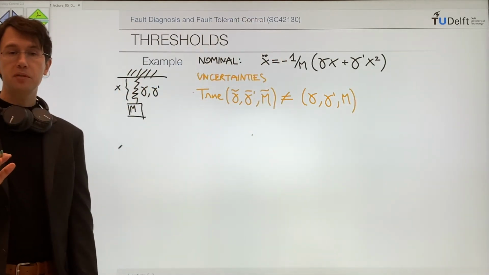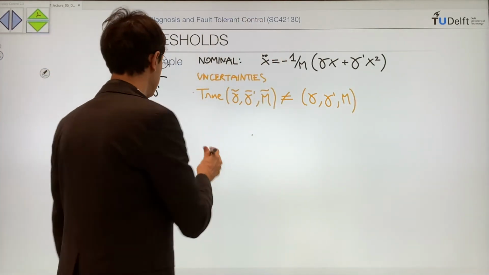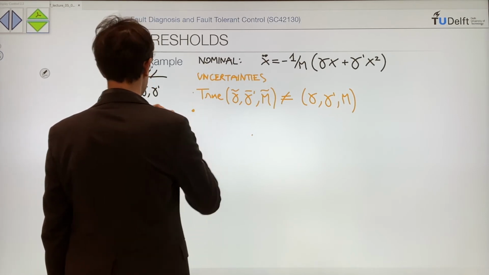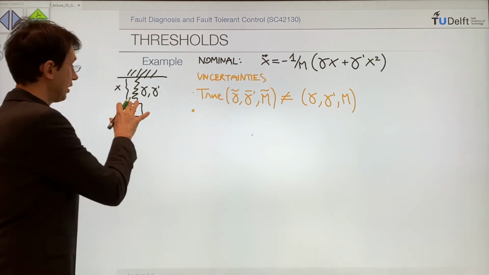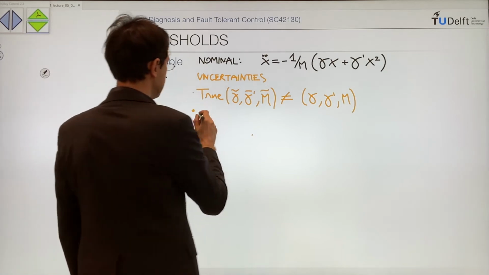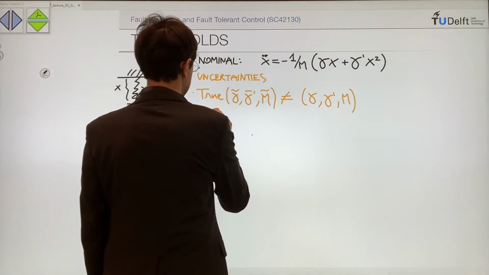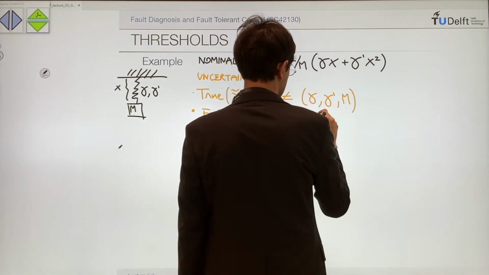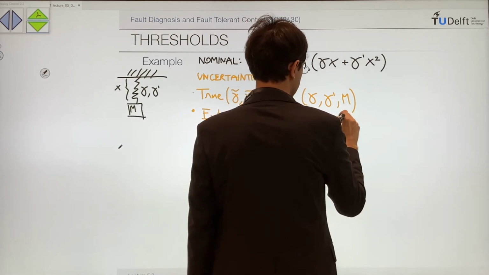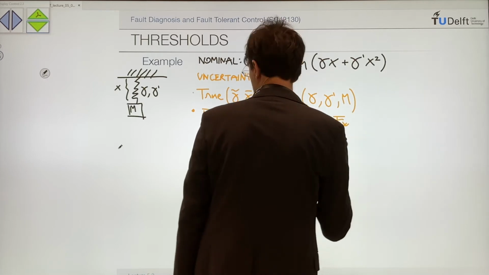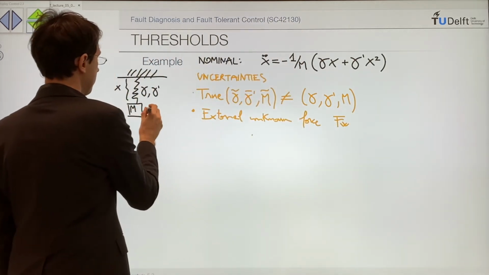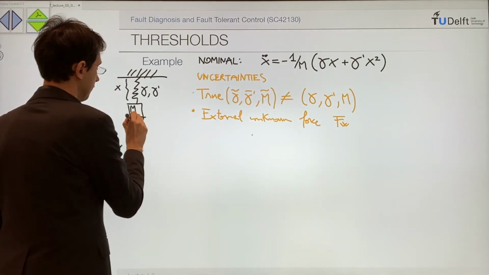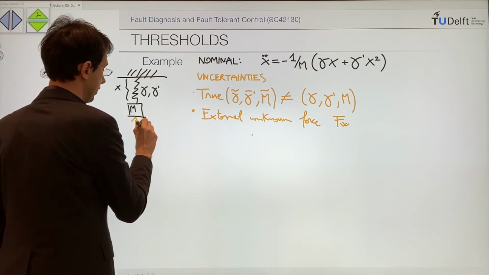Then another possibility is we have some additional force that is occurring on the mass. So we also have some external unknown force that we call Fw, like wind. So let us assume that there is some wind forces occurring here as well.